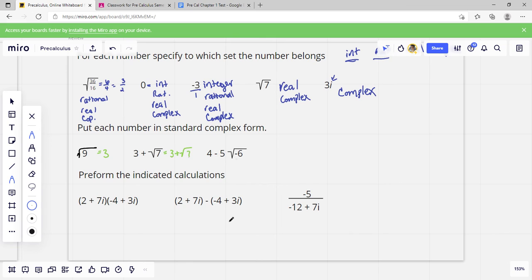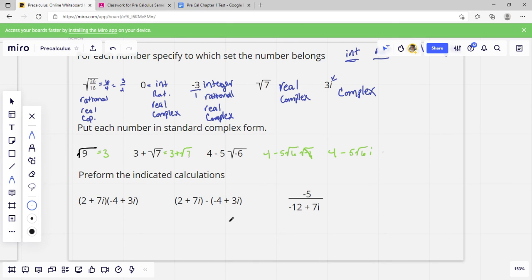This one, we could pull out this negative square root under there. So we could say 4 minus 5 times square root of 6 times square root of -1. All right, so this part's just going to be i. So we're going to have 4 minus 5 times the square root of 6, i. 6 times 5 would be -30.